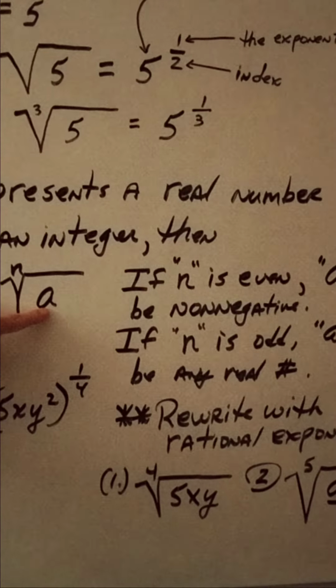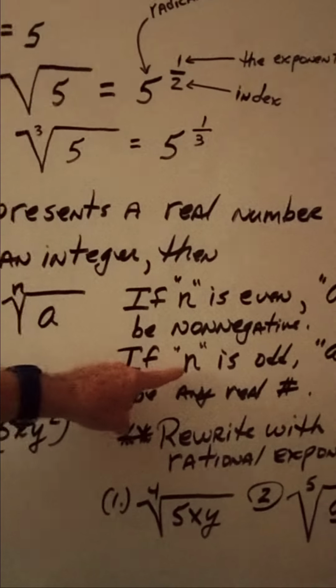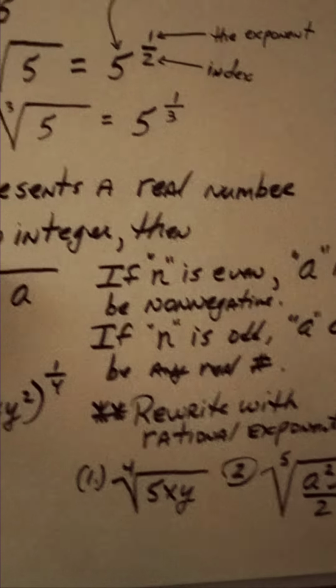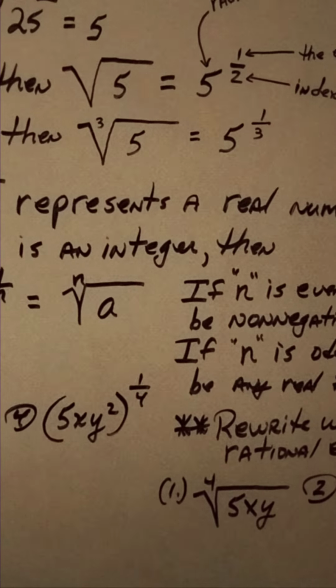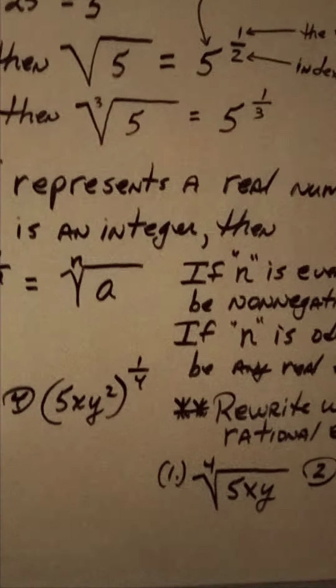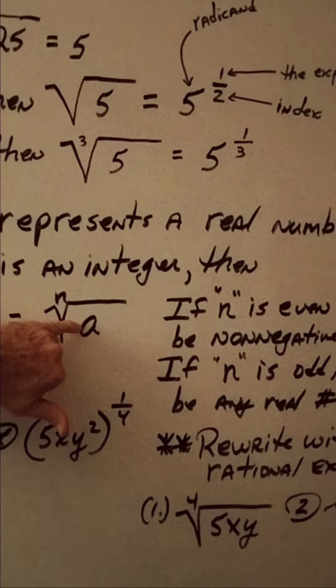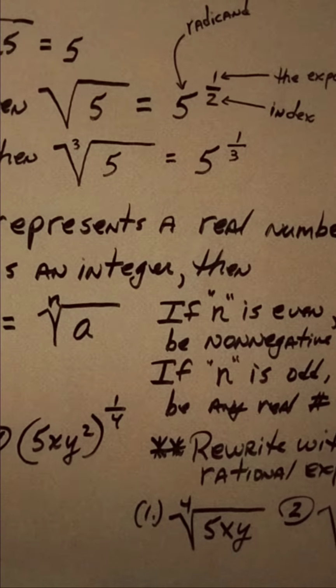And that was already pointed out in 7.1. If the index n is odd, meaning if the index is 3, 5, 7, 9, 11, etc., the radicand A can be any real number.